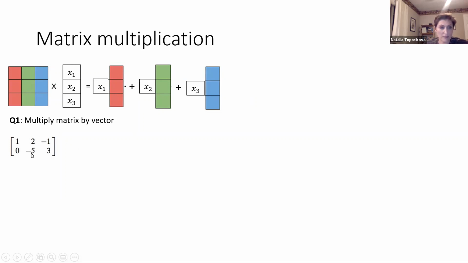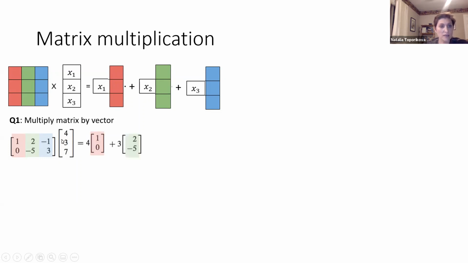For example, we have a 3 by 2 matrix here, and let's multiply it by a vector. Again, I will color code it to make it easier to follow, using the same colors. We use the first entry of our vector, 4, and multiply it by the first pink column.